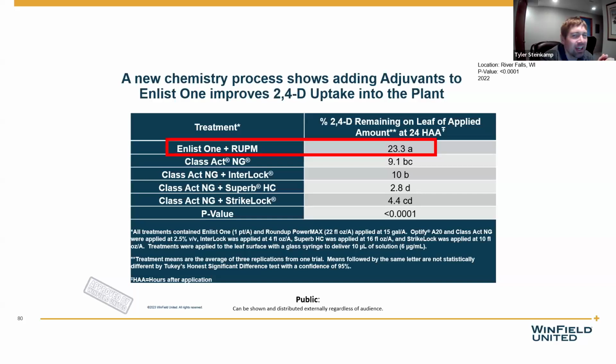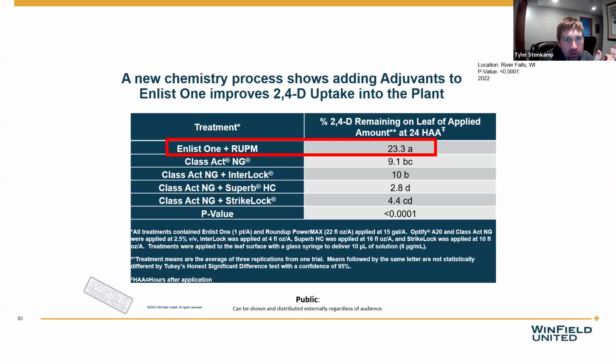Now, some of you might say, oh God, that's not that much, right? But let's just say it's 25%, pretty close, easy round numbers. You're applying 32 ounces of Enlist 1. At 25%, 8 fluid ounces of that active ingredient never made it into the leaf.